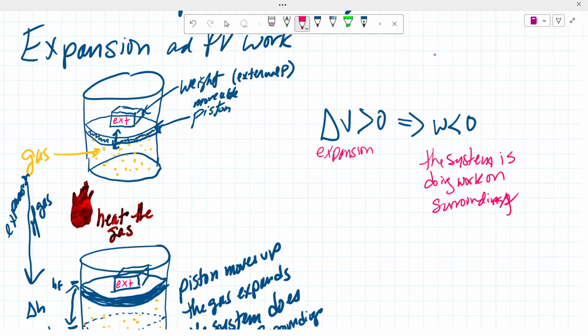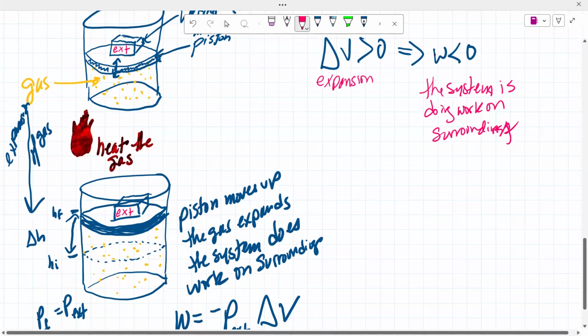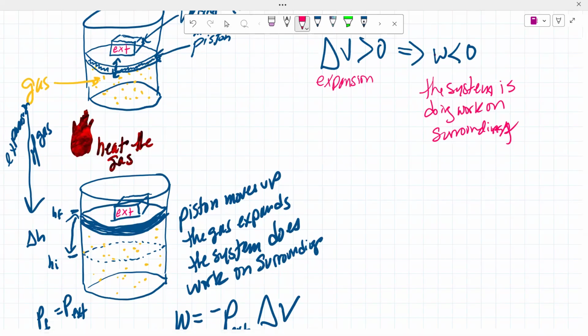And the gas, when it was heated, went from this volume to the larger volume. And we have the dotted line here to indicate that that was the original position. So there was a change in height in the piston, some delta H, which corresponds to some delta V, so that it has gone up.